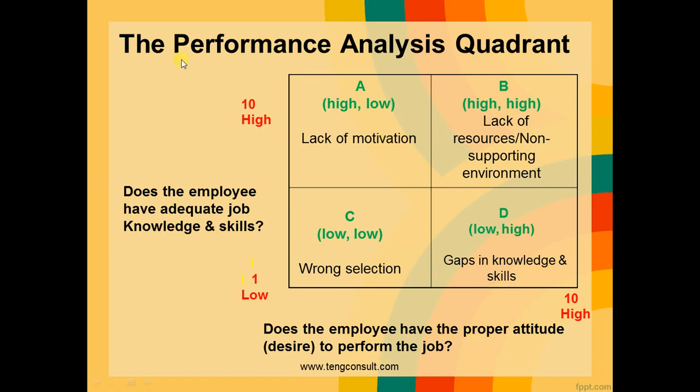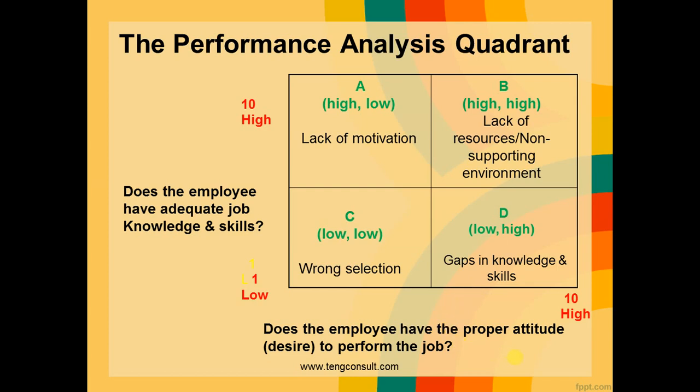The vertical axis is where you plot the level of knowledge and skills of the person doing the job, starting from a low level 1 below and graduating to a high level 10 above. In the horizontal axis, you plot the degree of desire to perform or attitude towards work, starting from a low 1 at the left and graduating to a high level 10 at the right.